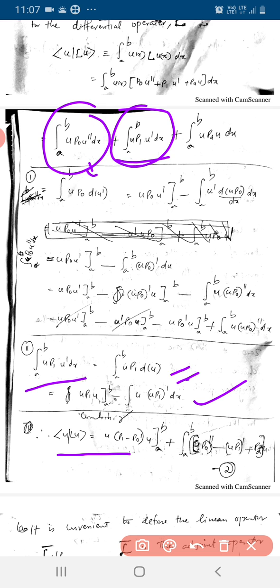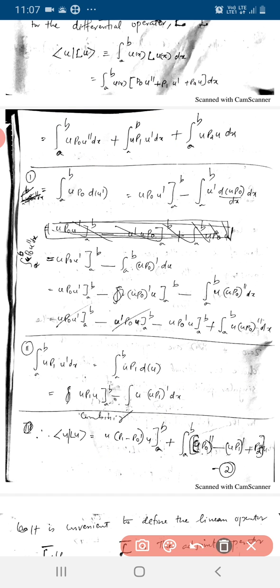If we substitute for the first term from here and for the second term from here, we get the inner product of u with Lu, that is given by u p1 minus p0 prime u. Here we have p1 and here we have p0 prime minus p0 prime. So u p1 minus p0 prime u limits a to b, minus integral a to b u p0 double prime minus u p1 prime plus p2.